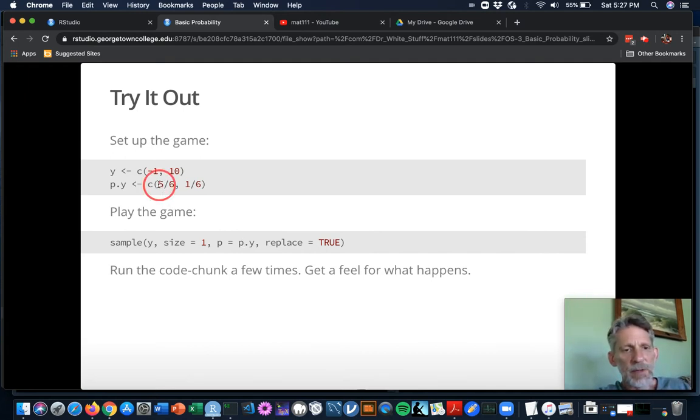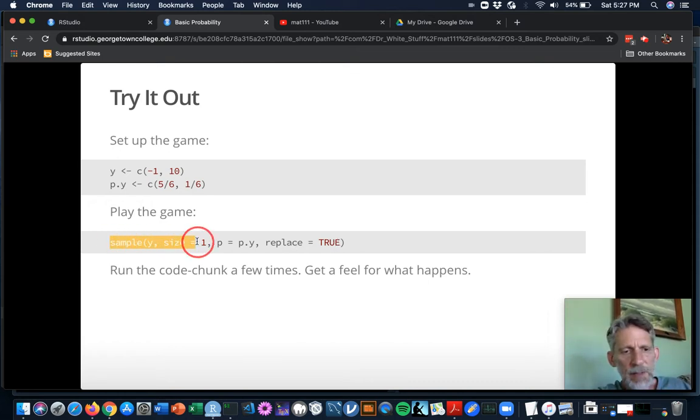There's going to be a 5/6 chance to pick the -1 and a 1/6 chance to pick the 10, because you've said that the prob is p.y. And replace equals TRUE just means that after you pick your thing out, you're going to put it back in again, which isn't going to matter this time because we're only doing it once, but you'll see later that we can do it more times.